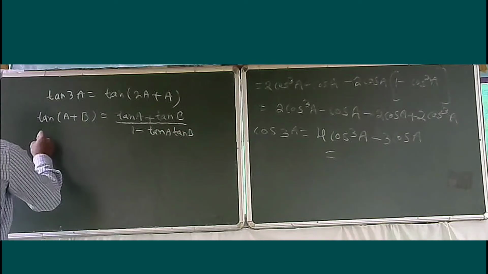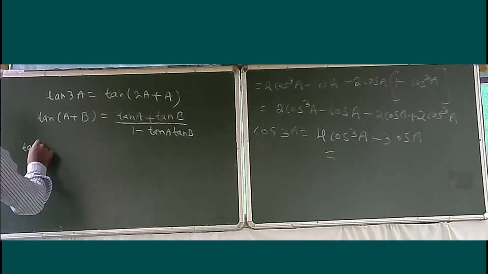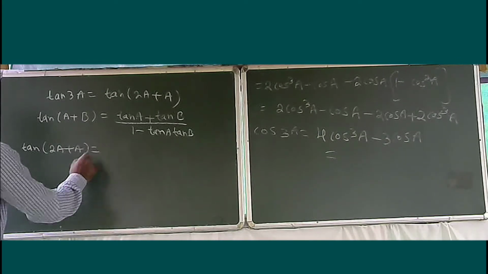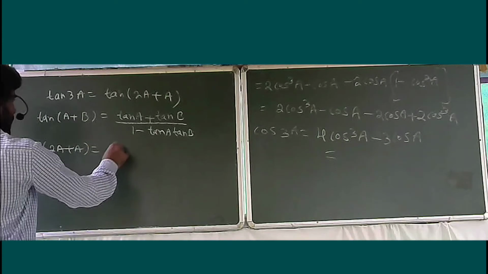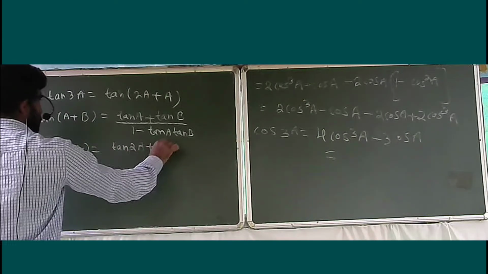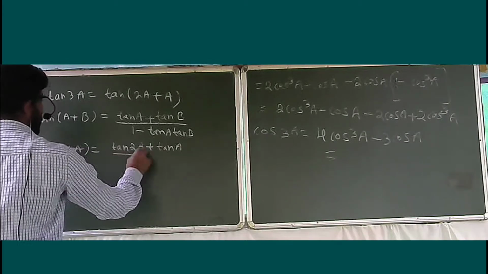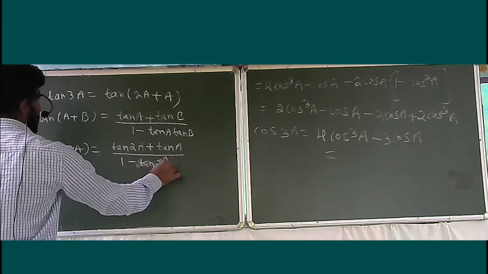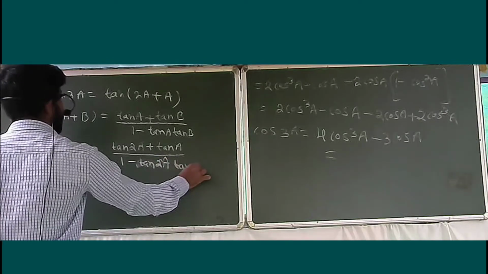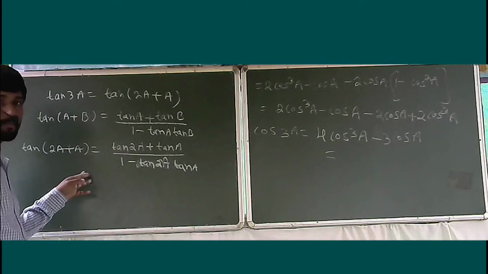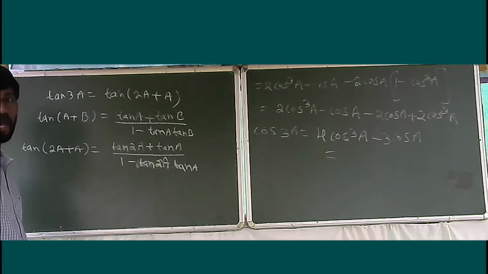In the next step, tan of 2a plus a is equal to tan 2a plus tan a divided by 1 minus tan 2a into tan a. In place of angle A, you are substituting 2a. In place of B, you are substituting angle A.